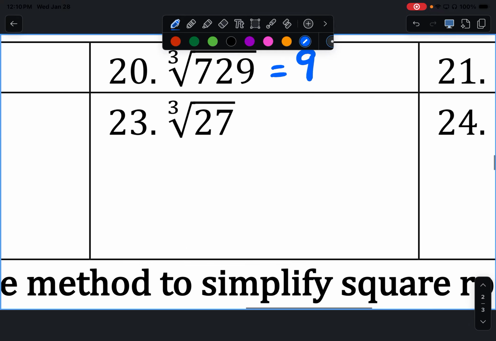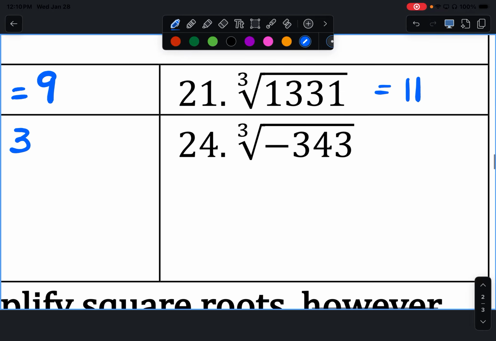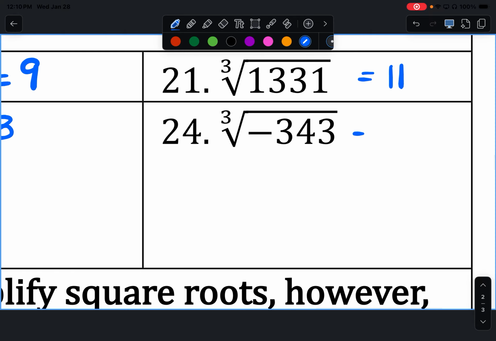Now, what is the cube root of 27? What is the cube root of -343? Yep, it is -7. Okay, now we are going to look at simplifying non-perfect cubes. So we do this the exact same way we did squares yesterday, okay?